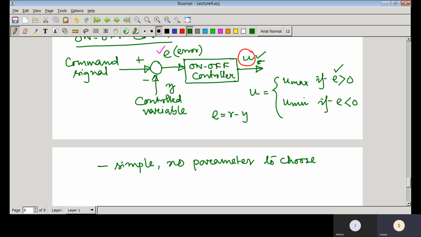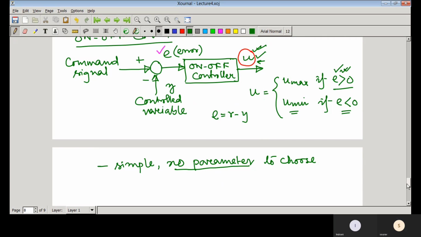When the error is positive, U equals U max, and when the error is negative, U equals U min.